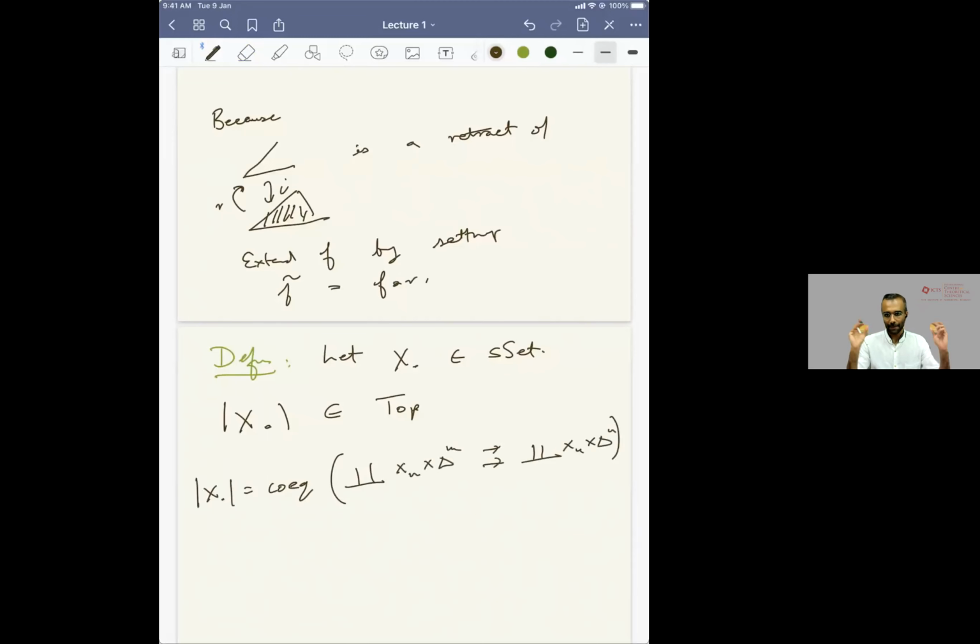For every abstract n-simplex, I put in a copy of the geometric n-simplex. That's the right-hand side. So this is n in this category delta. And on the left-hand side, I'm taking one for every arrow in delta. So this is the coproduct over arrows of delta.